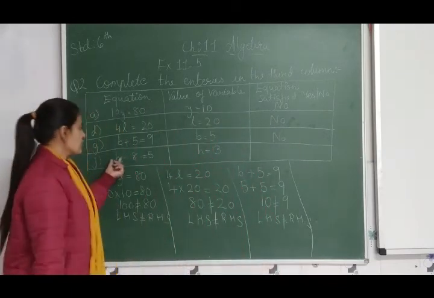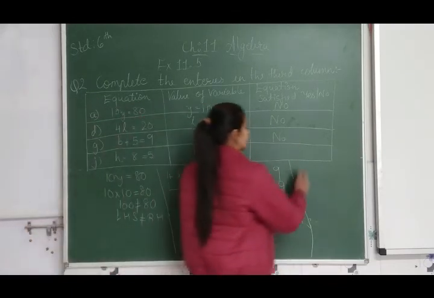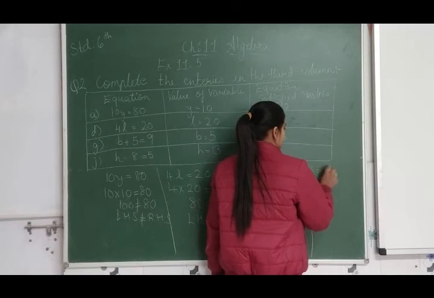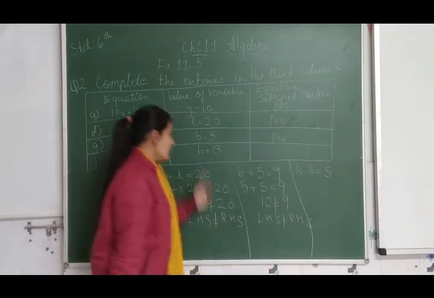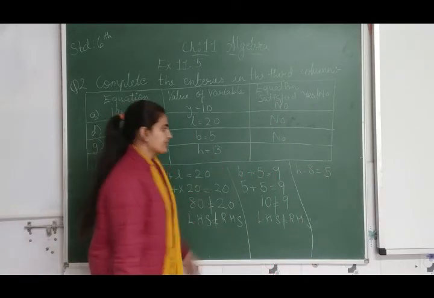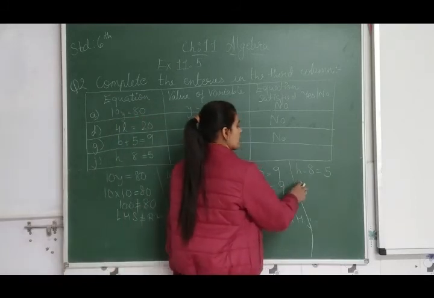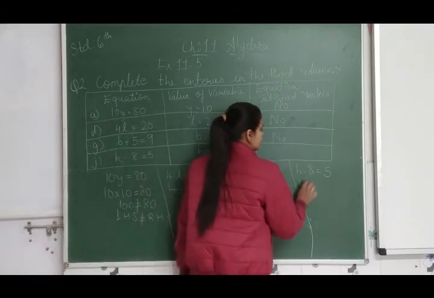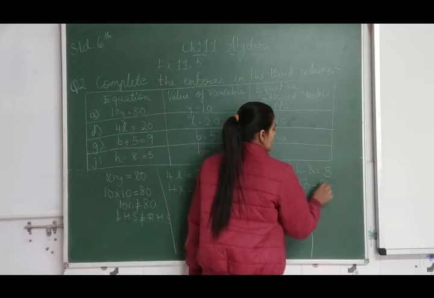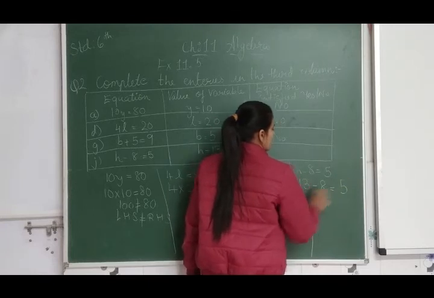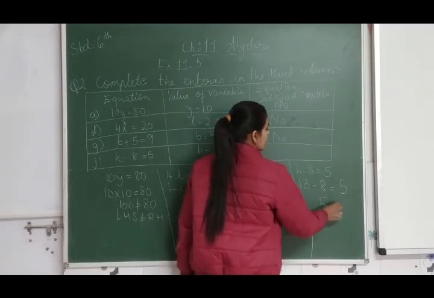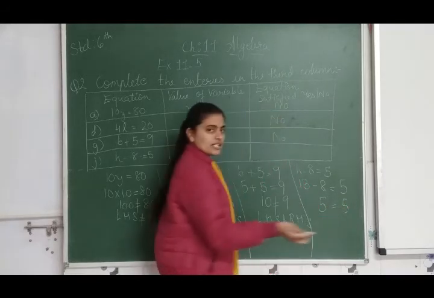Now the next one, H minus 8 is equal to 5, and here for H you have to take 13. So instead of H we will put 13, minus sign, after that 8, equal to 5. 13 minus 8 is 5, equal to 5. 5 is equal to 5.